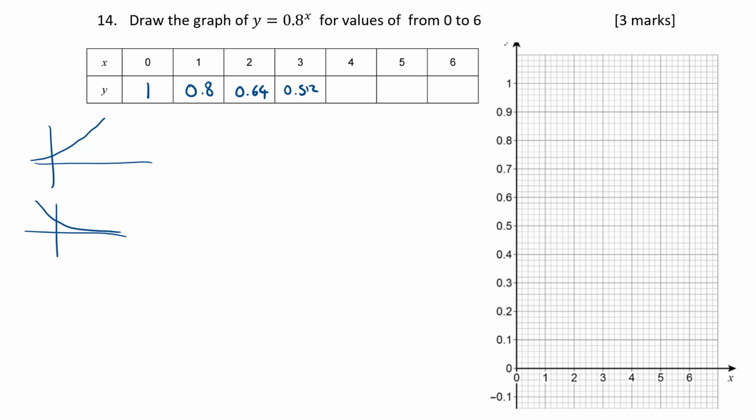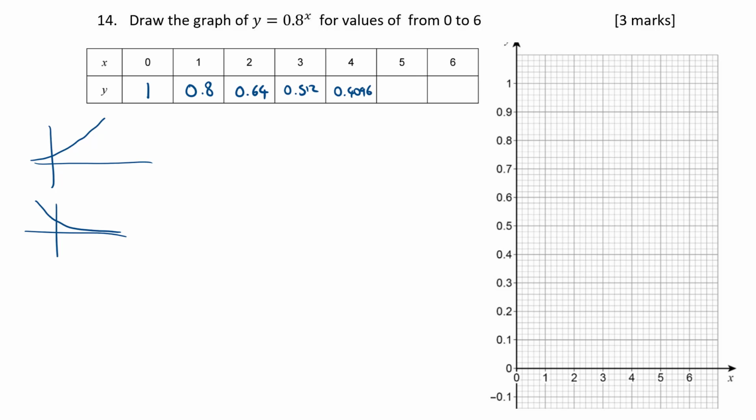0.8 to the power of 4 is 0.4096. 0.8 to the power of 5 is 0.32768.